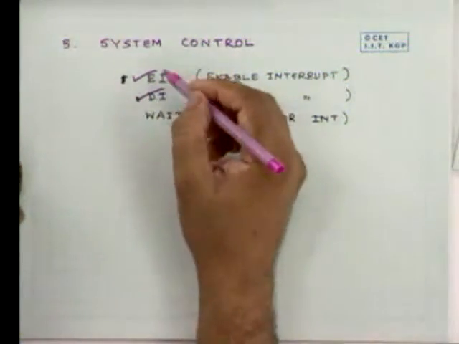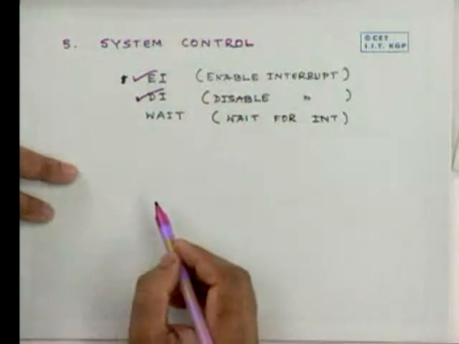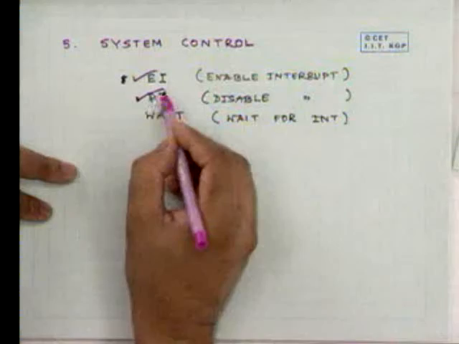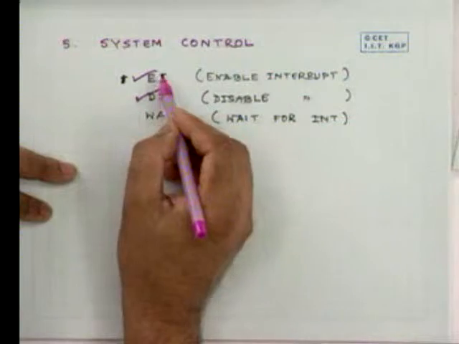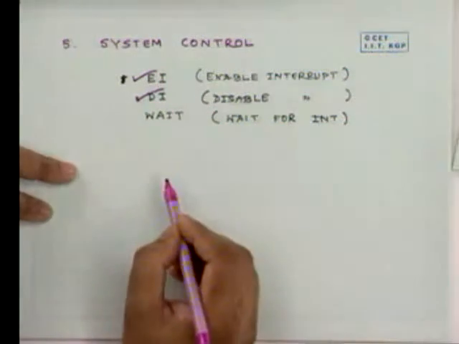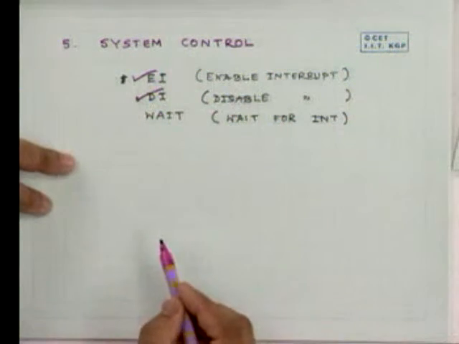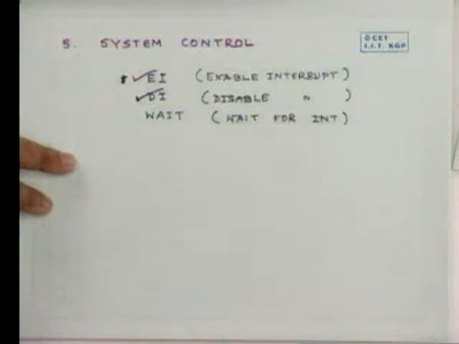Therefore, disable interrupt and enable interrupt are used to say whether the CPU can afford to be interrupted or not. If the CPU cannot afford to be interrupted, then it says disable interrupt, or if the CPU can afford to be interrupted, then it enables the interrupt. That is the situation for the enable interrupt and disable interrupt instructions. We'll have some occasions possibly of using these two instructions later on.